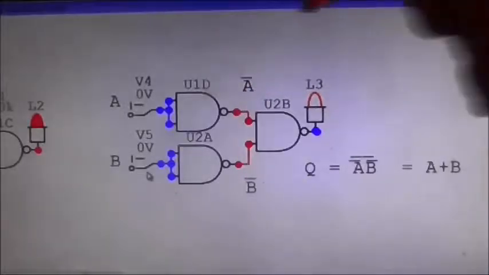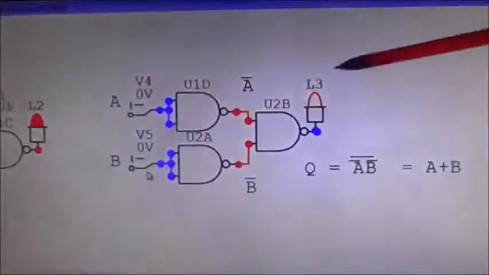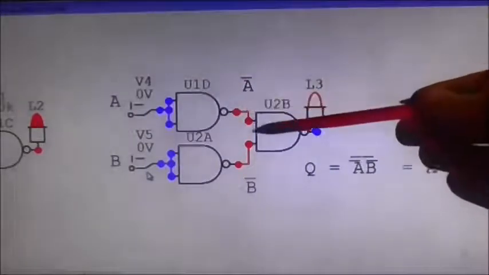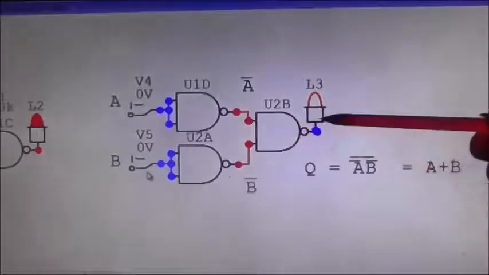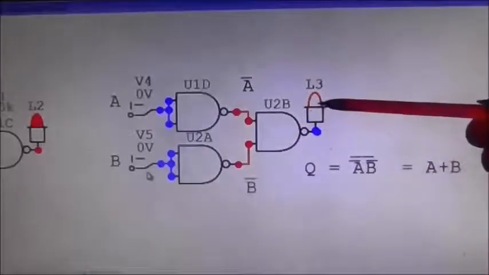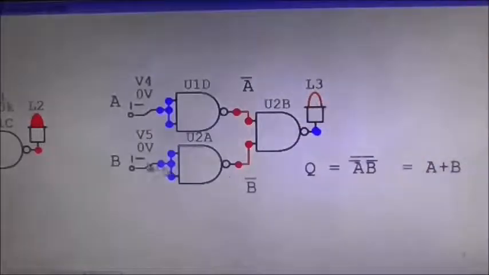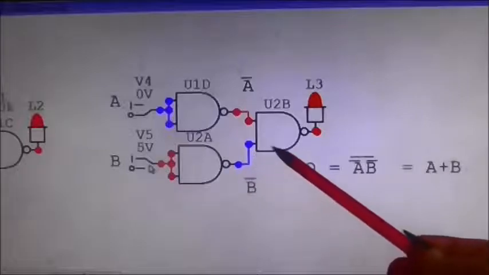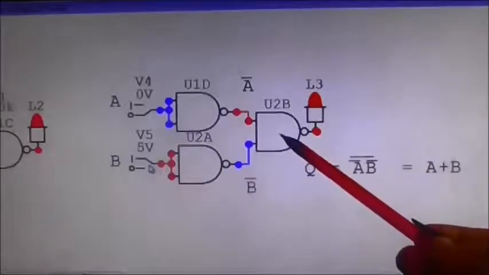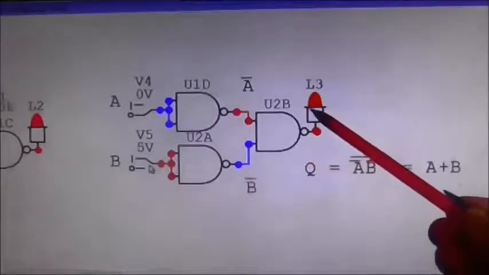Now both of these are low, both of those are high, and that means that the output here will be low. However, if one of them goes high, the output will go low, and as we know, wherever we've got a low input on a NAND gate, we'll get a high output.